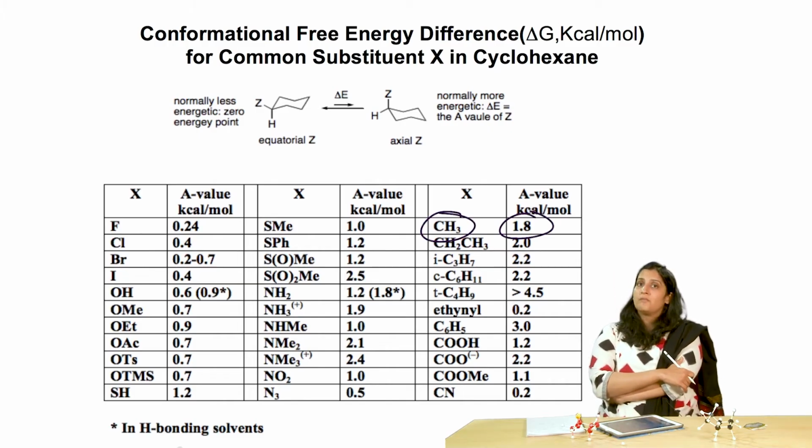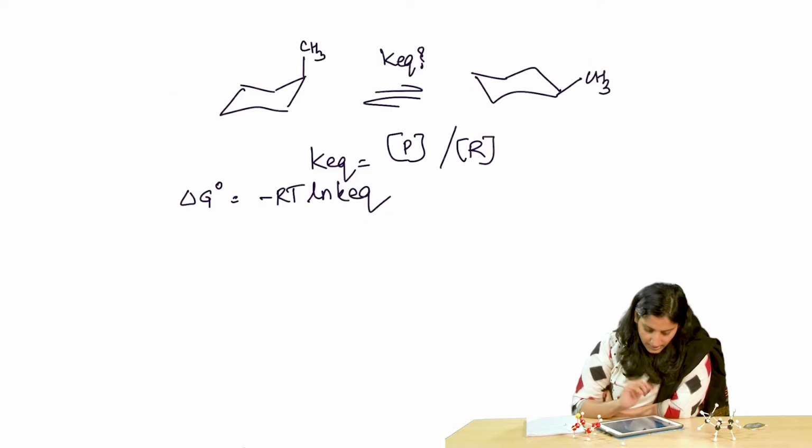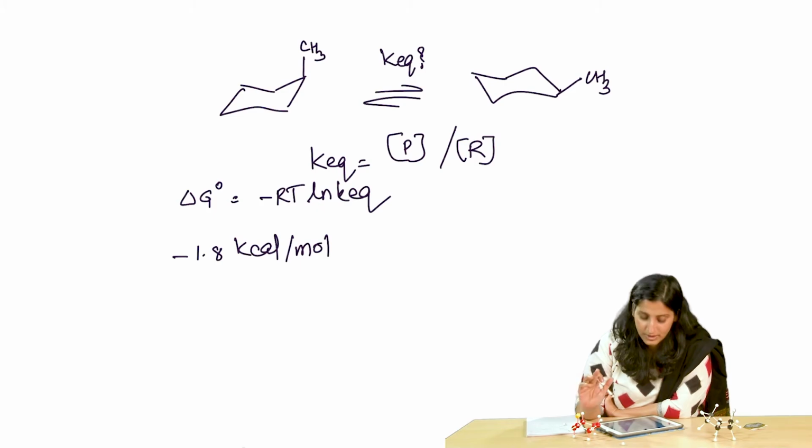As the group goes from equatorial to axial, there is a destabilization of around 1.8 kilocalories per mole. Okay. So, in my equation I am going from axial to equatorial, so in my calculation I am going to use it in the negative form: minus 1.8 kilocalories per mole, right, because we are looking at the process going from axial to equatorial.